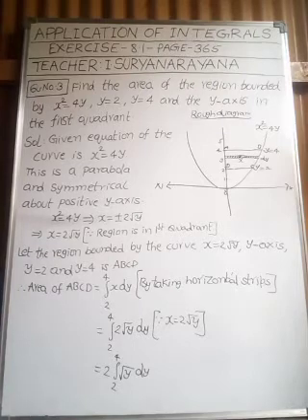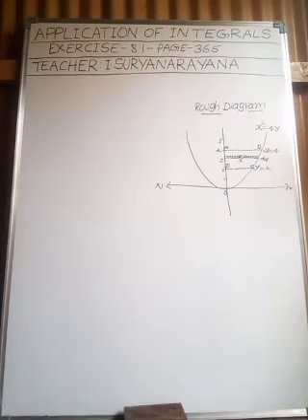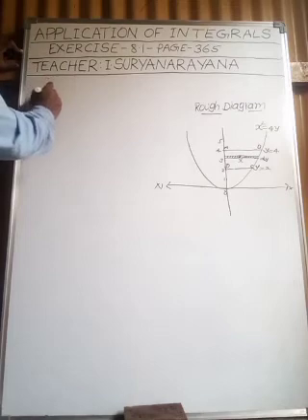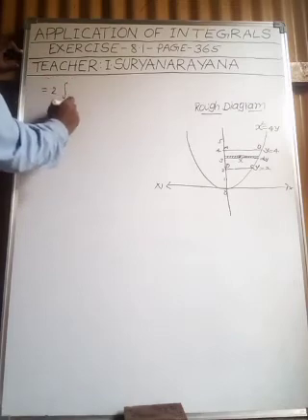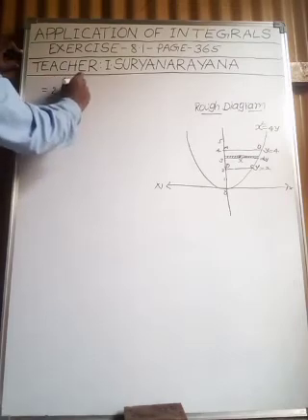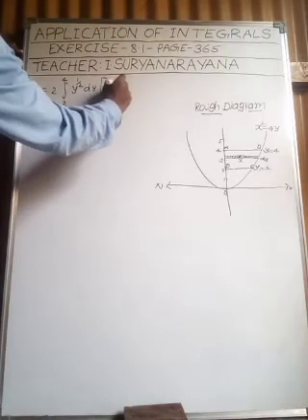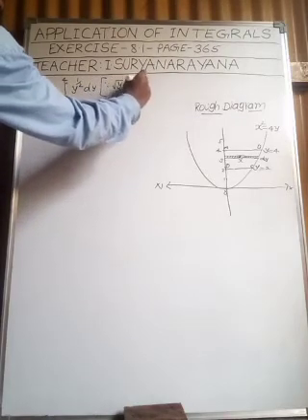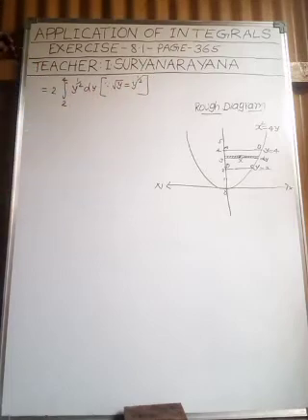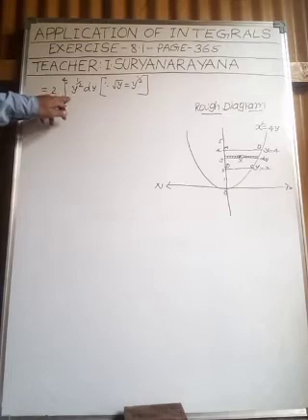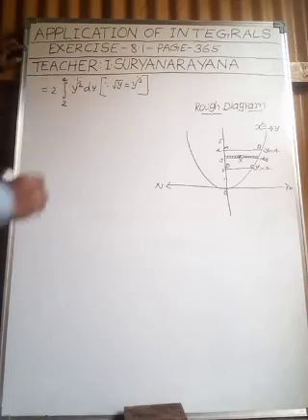Right. That is equal to 2 into integral 2 to 4 of y to the power 1 by 2 dy, because root y can be written as y power 1 by 2. Now it is in the form of integral x to the power n dx.